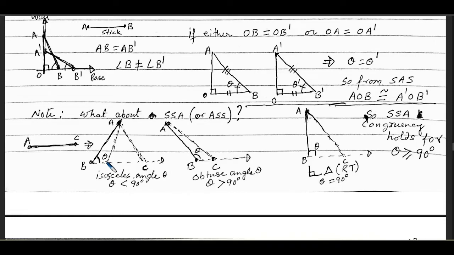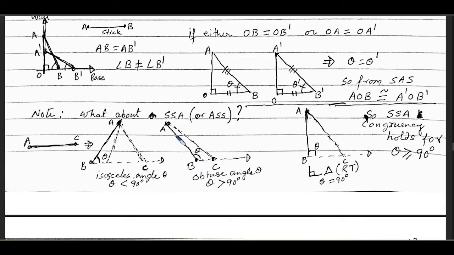So in this case, triangle BAC and triangle BAD will not be the same. They are different, because you can place the stick in two different ways with this side and angle. So side, angle for theta less than 90 will not hold. Congruency will not hold. But if you have an obtuse angle, you will see that there is only one way.